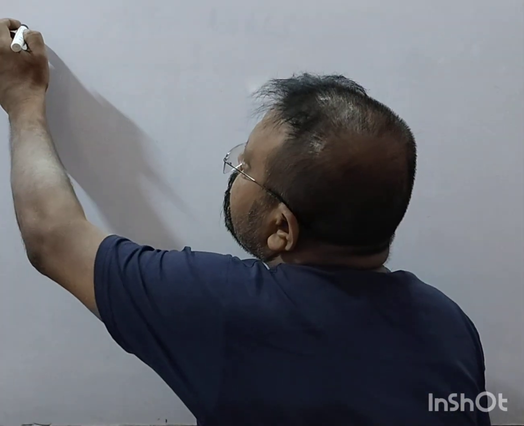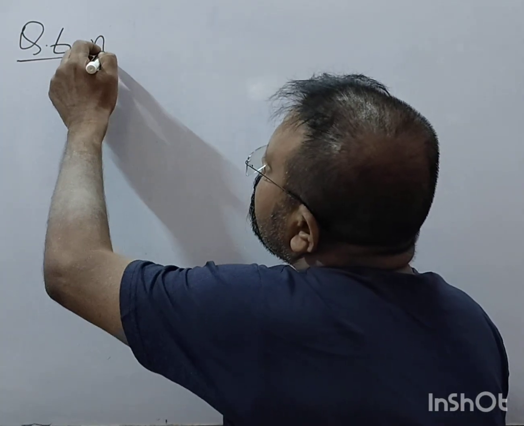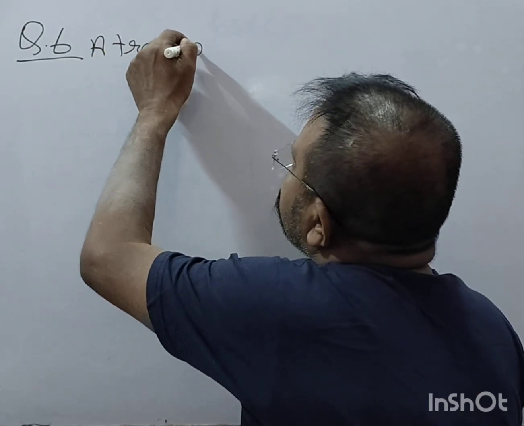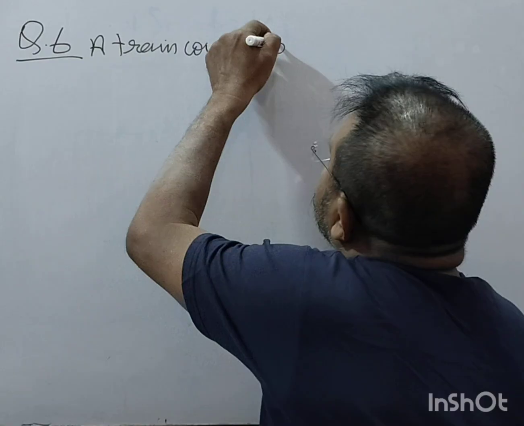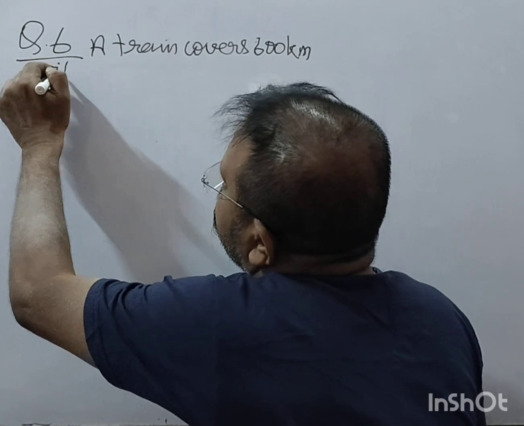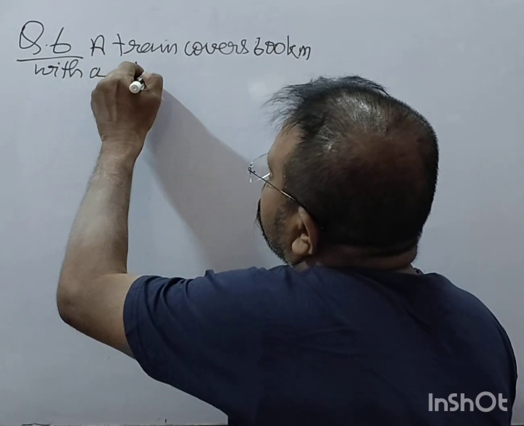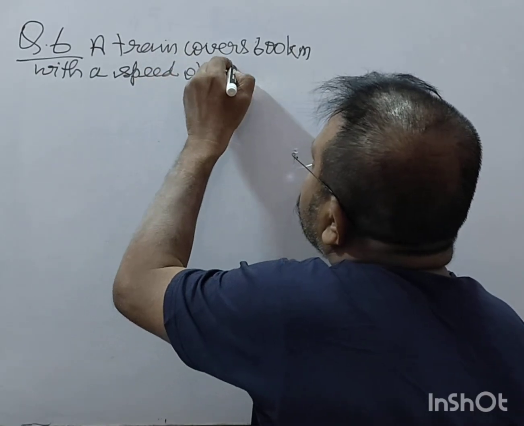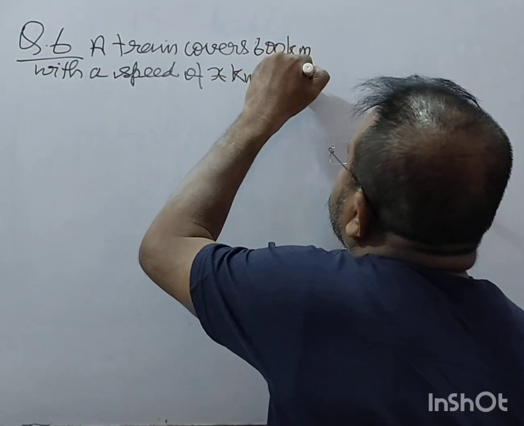We have question number 6. A train covers 600 kilometer with a speed of x kilometer per hour, right?